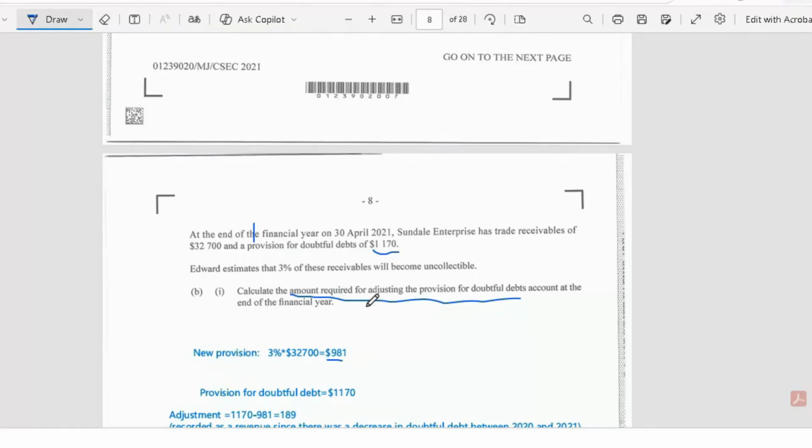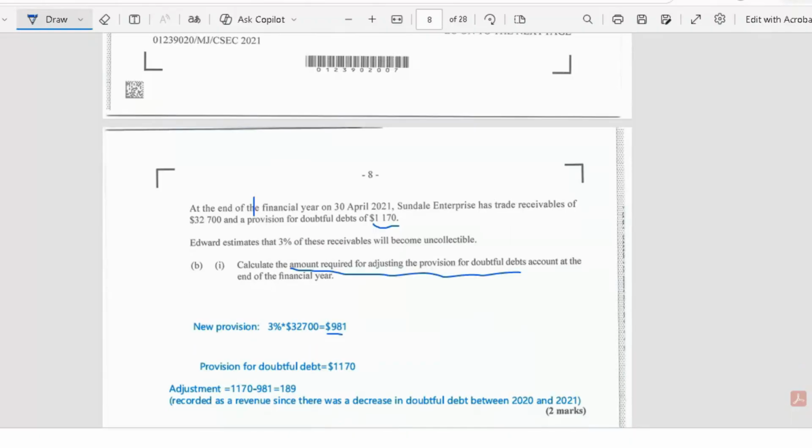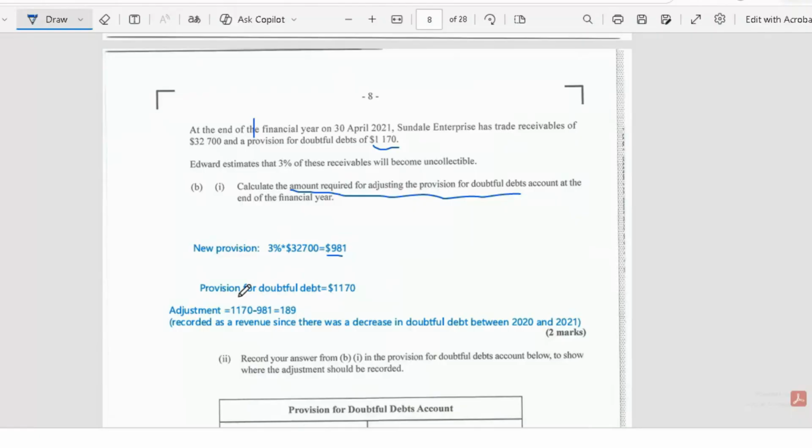So we have to find the difference between 1,170 and 981, because they're asking how much we need to adjust to get it to that 981.